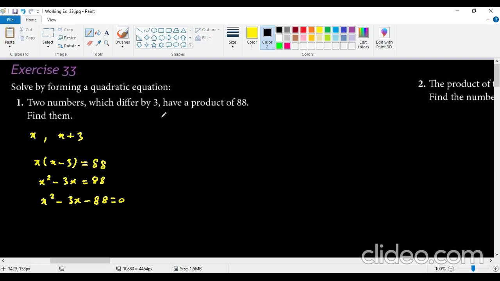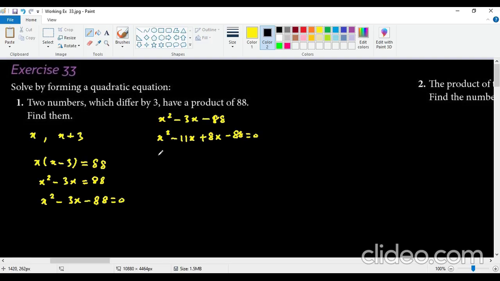And once we factorize this, you know very well that 11 times 8 is 88, and 11 minus 8 is going to give us 3. So I will factorize in such a way that it gives us x squared minus 11x plus 8x, which gives us minus 3x, minus 88 equals 0.